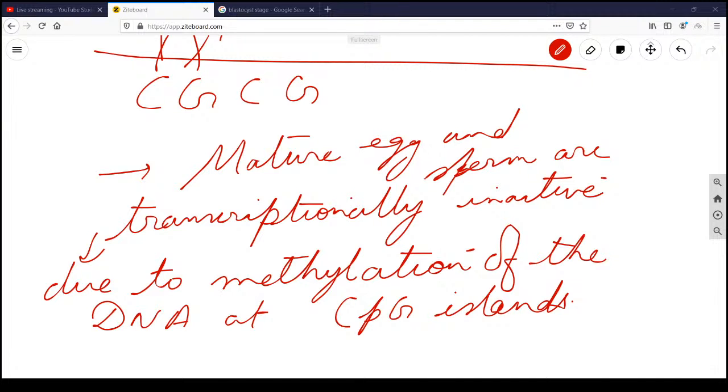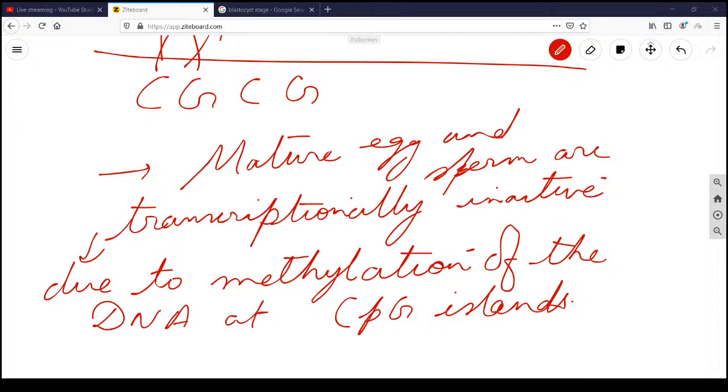Now, within 4 hours after fertilization, the paternally derived genome, which is given by the sperm, goes through rapid demethylation, and demethylation of the maternally derived genome occurs more gradually, until the early morula, at which stage all the DNA is demethylated. So maternal is also demethylated, paternal is also demethylated. But the thing is, paternal demethylation takes more time.